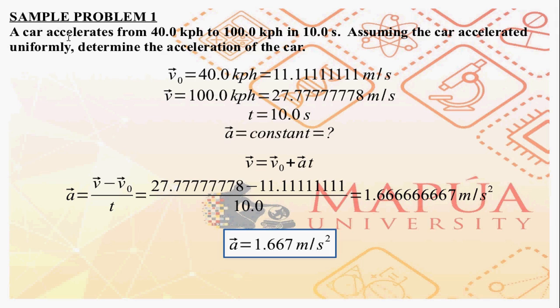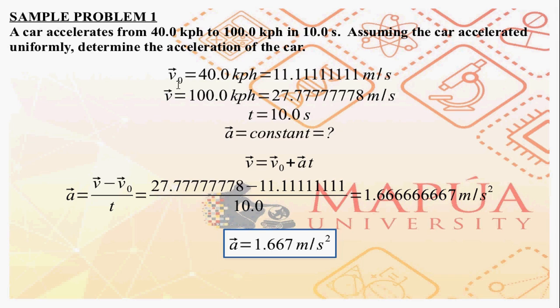So the car accelerated from 40 kph to 100 kph. Initial velocity is 40 kph. Convert to meters per second. The final velocity is 100 kph. Convert to meters per second.